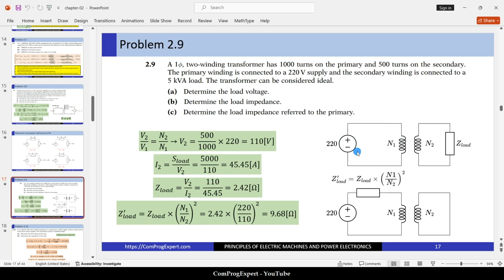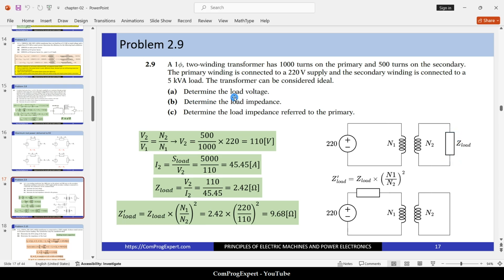We have this ideal transformer, the number of turns N1 is 1000, N2 is 500. This is the supply voltage. Here is the load impedance.